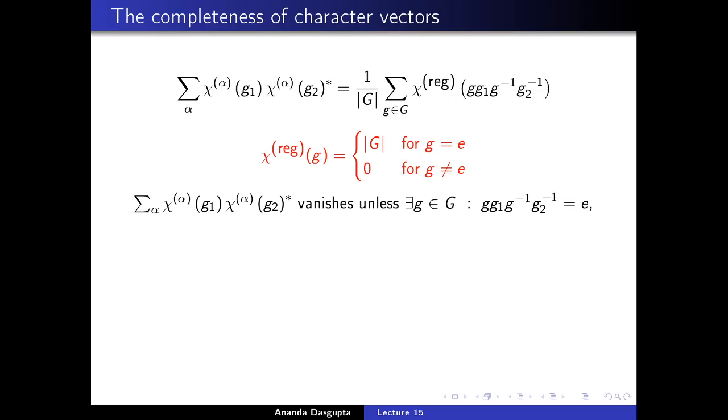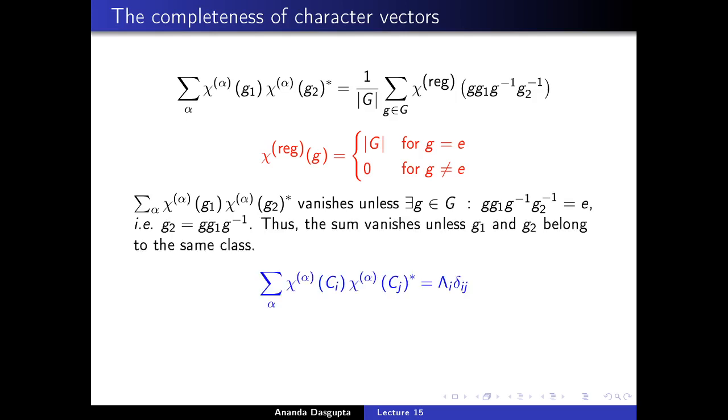Because remember, for all other group elements, the regular representation character is 0. Now, of course, if g1, g inverse, g2 inverse is the identity, that's the same thing as saying that g2 is g1, g inverse, that is, g2 belongs to the same class as g1. Hence, the sum on the left hand side vanishes unless g1 and g2 belong to the same class.